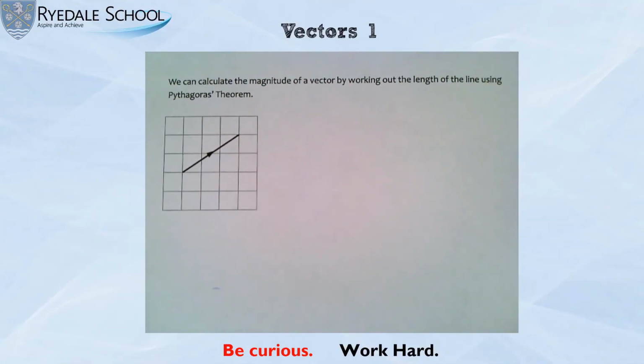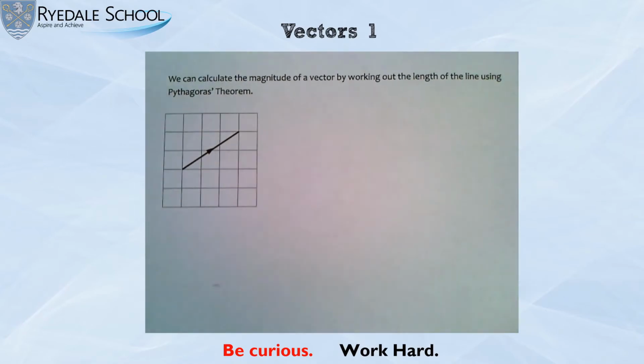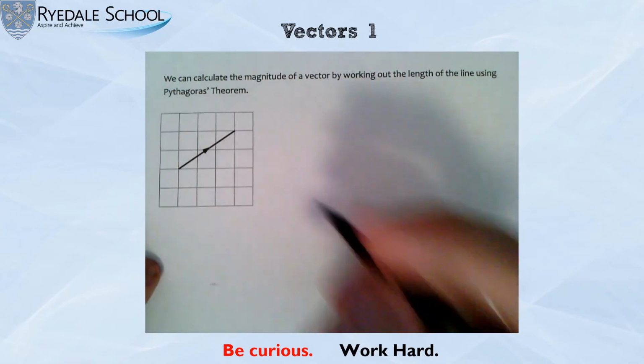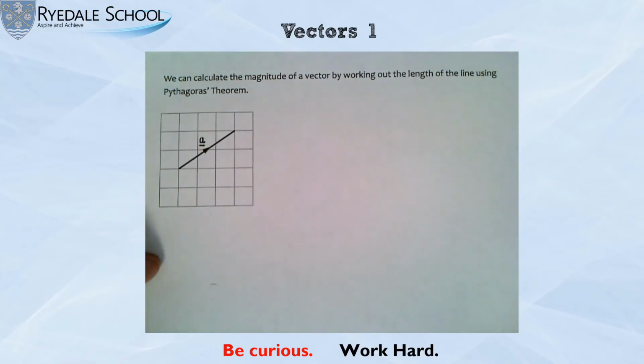So the final skill I am interested in for today's first lesson is looking at how we can work out the magnitude of a vector. Okay, now I'm going to call this vector A. Now there is a new type of notation that you could potentially see, which talks about the magnitude of something, okay?